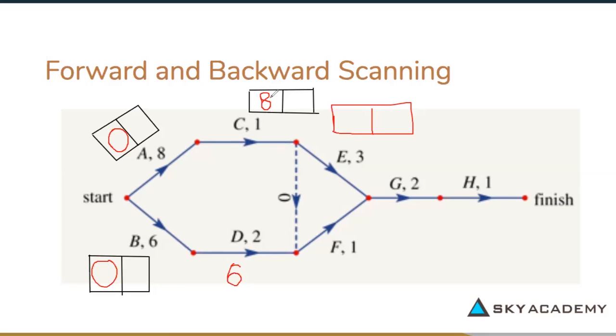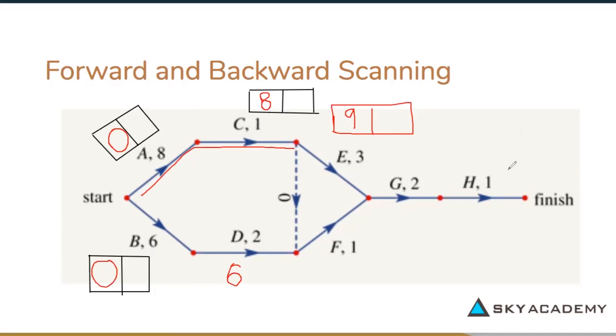So E can occur after 9 minutes or hours, because A was 8. So we have 8 along here, we have 1 along here. So by the time it gets to E, we have 8 minutes plus 1 minute, which equals 9 minutes. So that's how you do the EST or forward scanning.